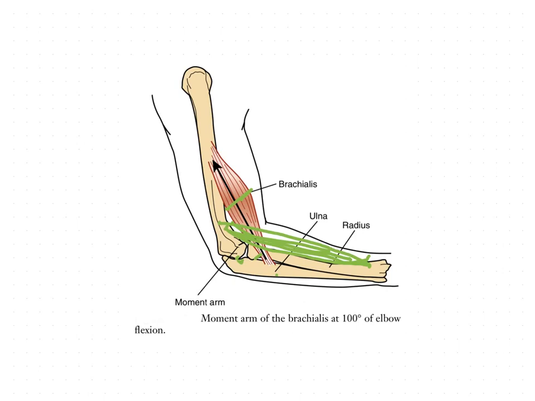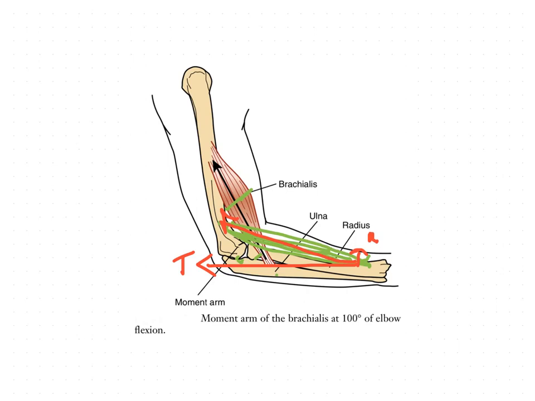So if you resolve the forces, this becomes the rotatory and this becomes the translatory force. That means the brachioradialis has more translatory than rotatory. So this is the muscle action line. If you resolve these forces, it has a lesser rotatory and greater translatory motion.